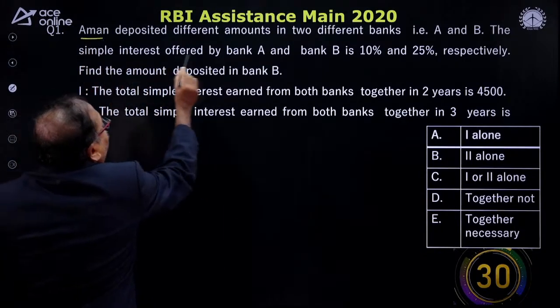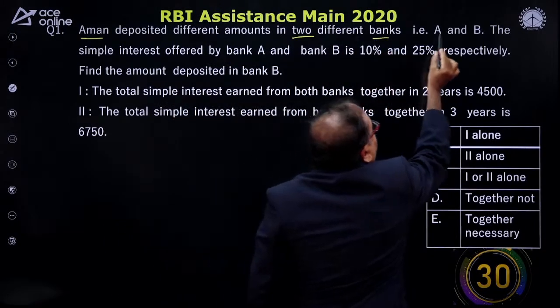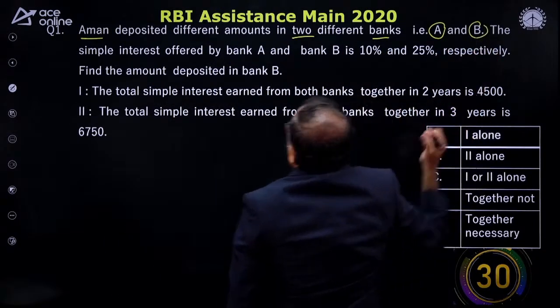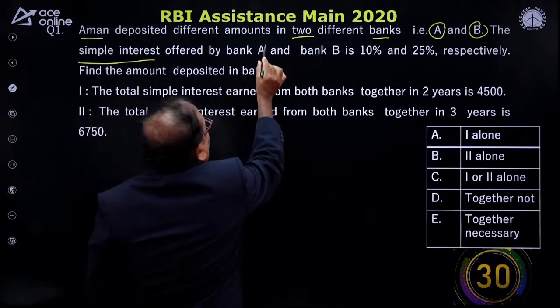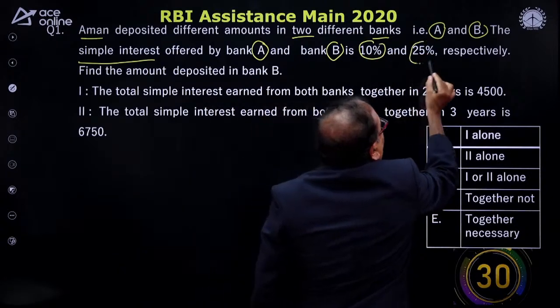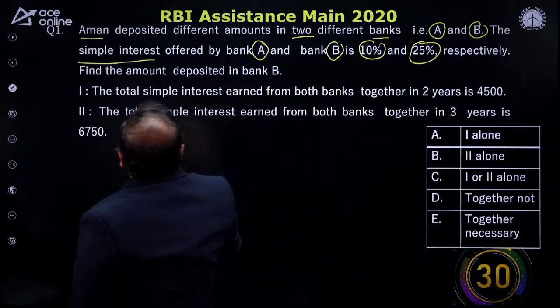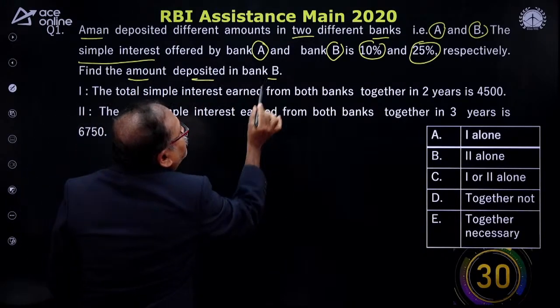Aman deposited a different amount into different banks, A and B. The simple interest offered by bank A and B is 10% and 25% respectively. Find the amount deposited in bank B.